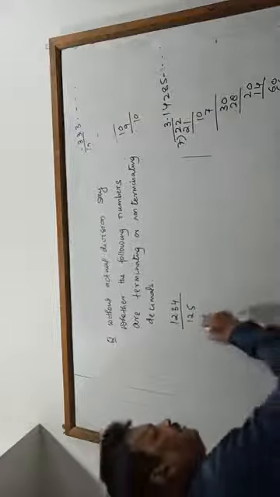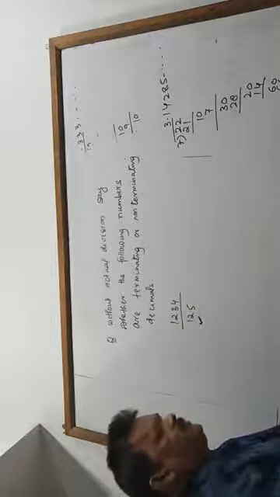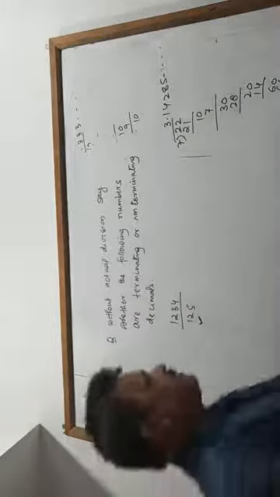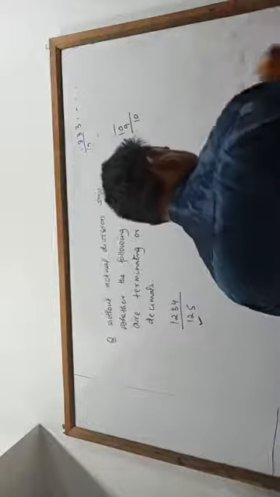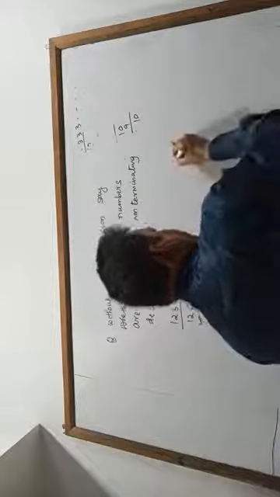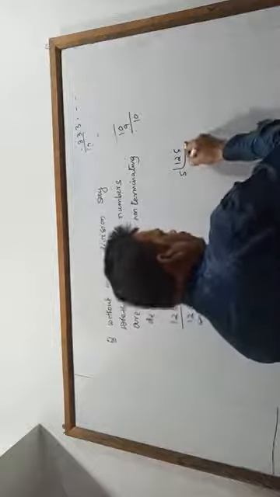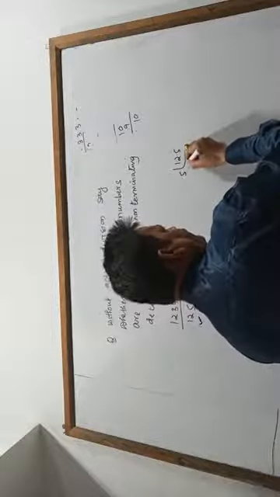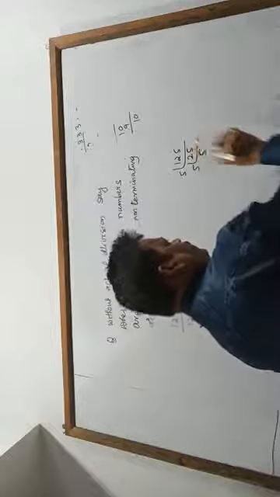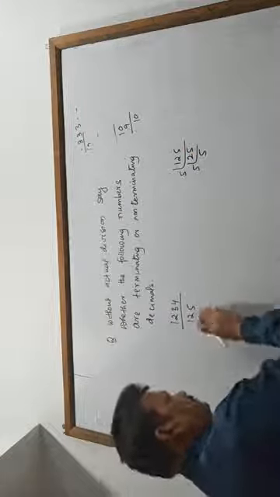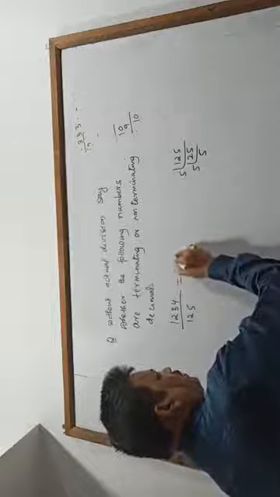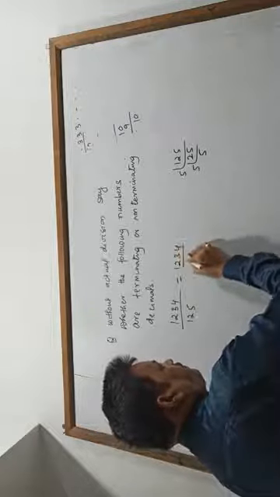What you have to do? Find the factors of this. If you find factors of this, 125 divided by 5, 5 2s, 5 5s. So this is 1234 by 5 cube.